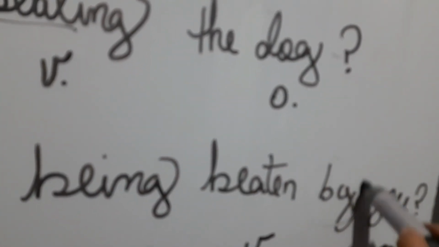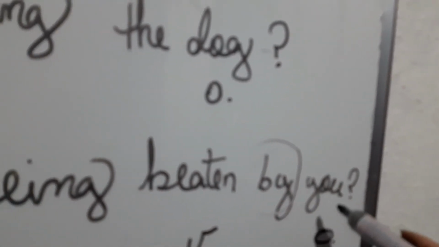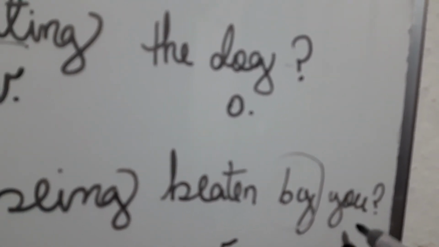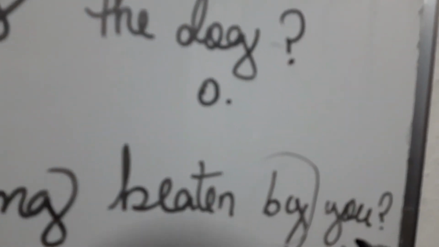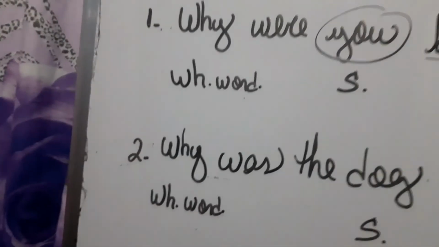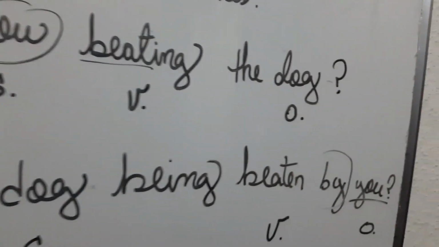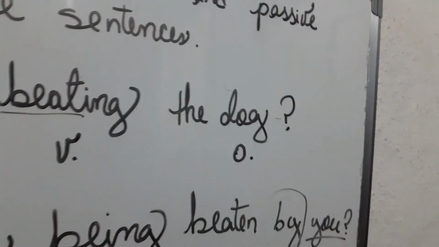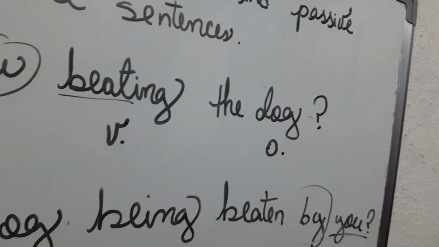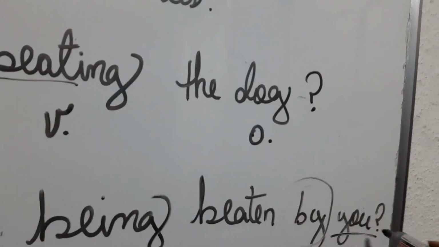Then we have by, and at last we add the subject of the active voice sentence, that is you, and now it is the object of the passive voice sentence. The sentence is, why was the dog being beaten by you? And don't forget that at last of the interrogative, active, or passive voice sentences, we have to place the question mark.